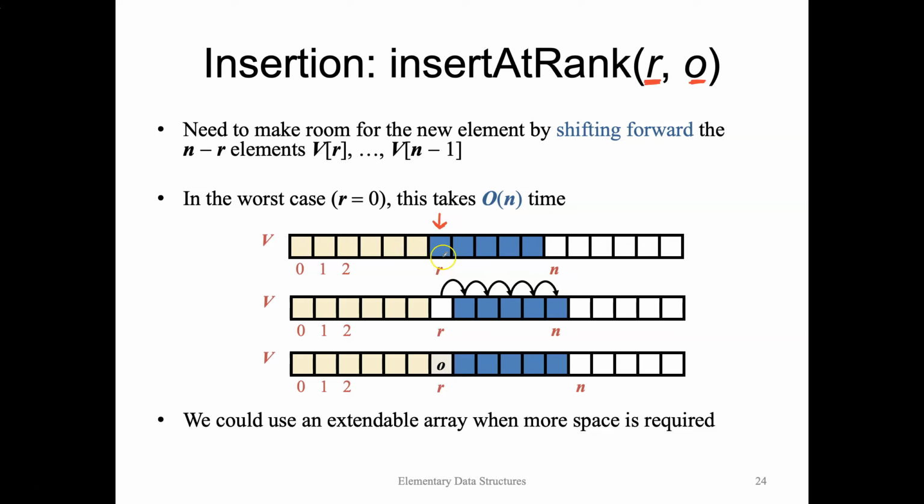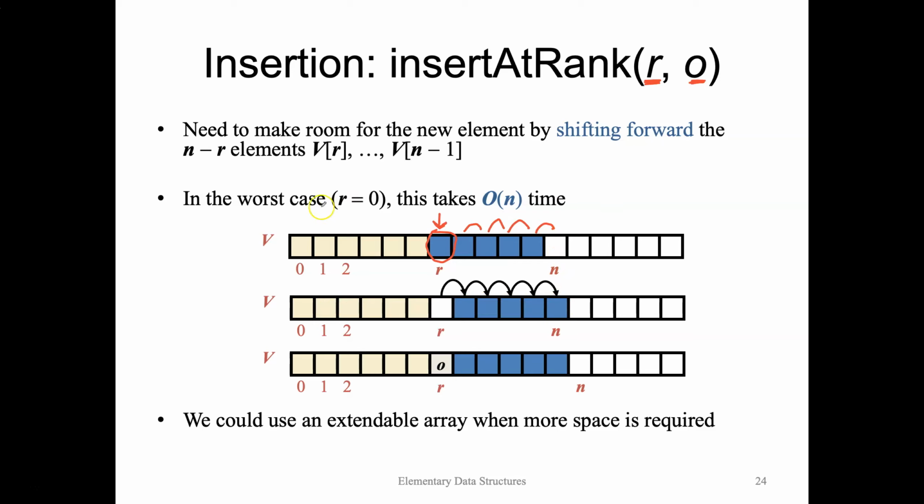So in order to make room at this position for the new item we want to place there, we have to shift over all of these other items by one position to make room for it. Okay? And if we insert, let's say at the very beginning, we have to shift over all n items. If we insert at the very end, this would be easy, we don't have to shift over anything, right?